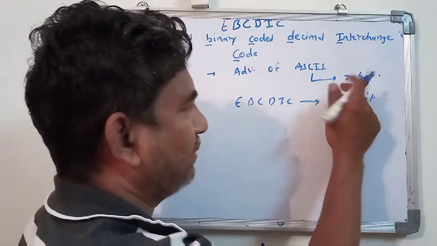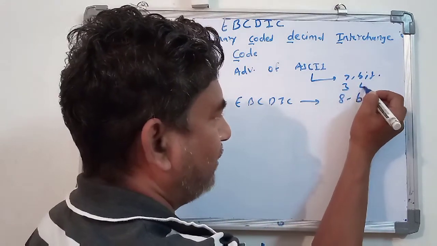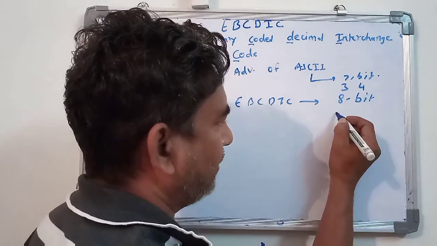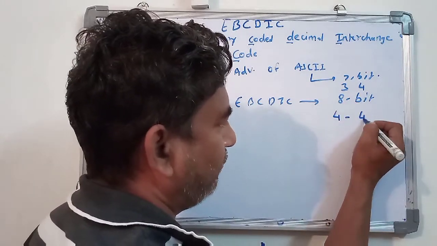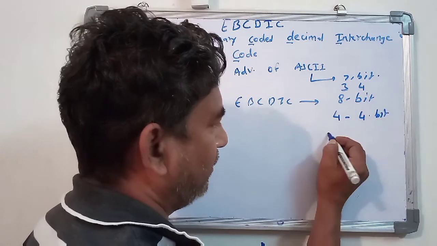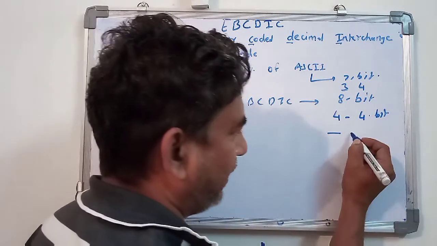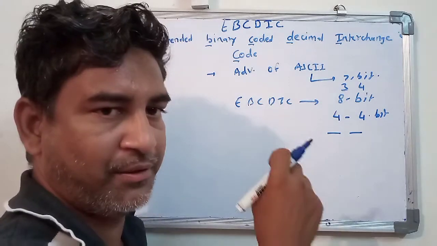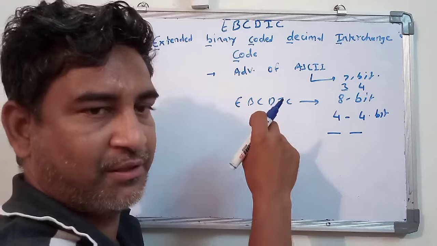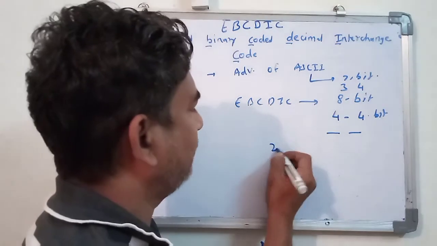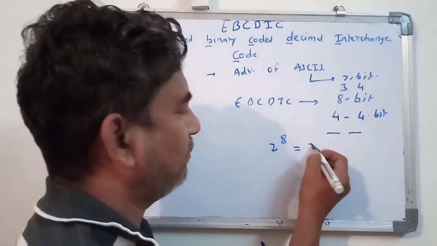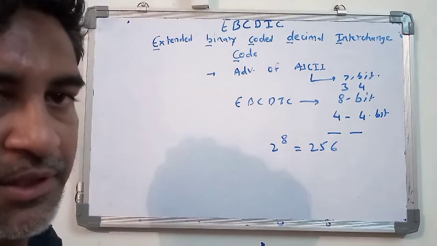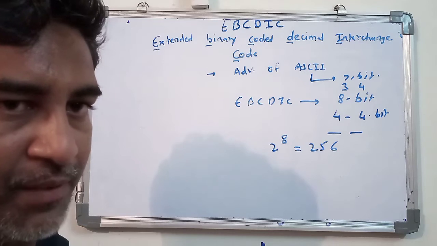Previously we took the 3-bit and the 4-bit separately. Now here you have to take the 4-bit and the 4-bit. The 4-bit has to be written, and again the 4-bit. So the numbers displayed in EBCDIC are 2 raised to power 8, which is 256. So again you get the same thing, but in an advanced form.